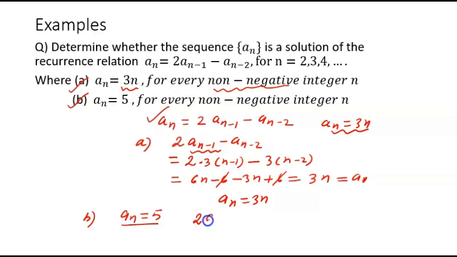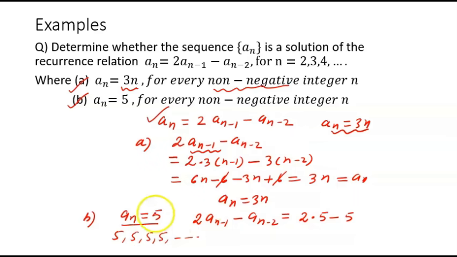So if I calculate 2an minus 1 minus an minus 2, this will be what? This will be 2 into 5 minus 5. This is a constant term. It is independent of n, meaning basically this is telling you that we have a sequence which is like 5, 5, 5, 5, and so on.